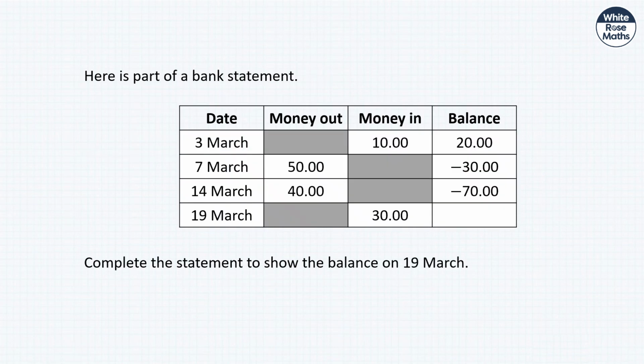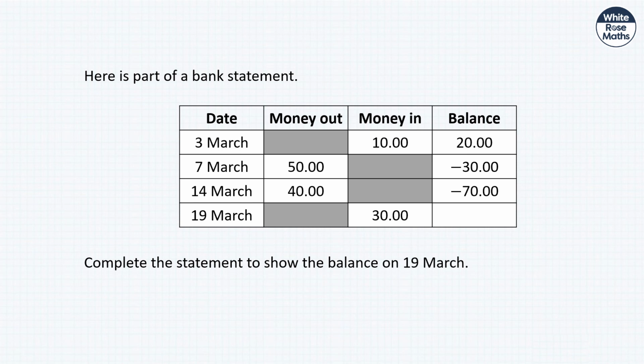This next one here is part of a bank statement. You've got money in, money out, balance. Money out is usually called debit, and money in is called credit. Money in essentially means your income, money going into the account, and money out means money spent from the account. Completing these statements should show the balance below.